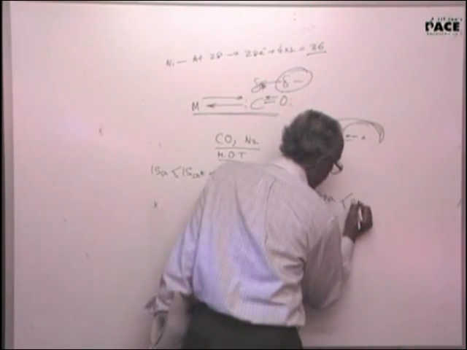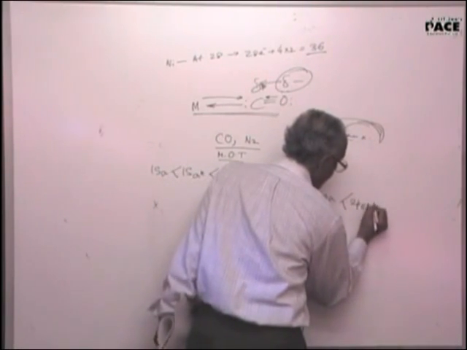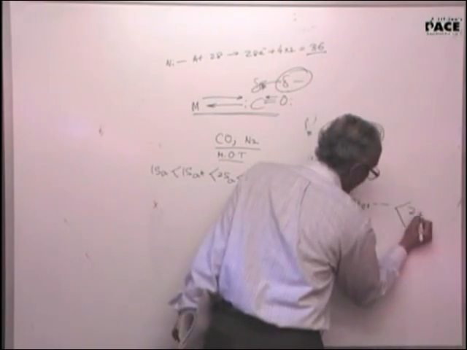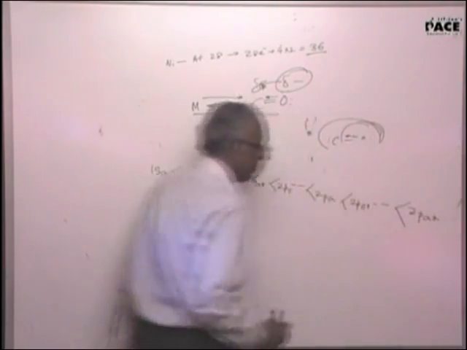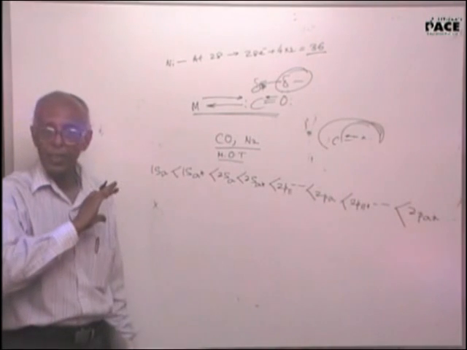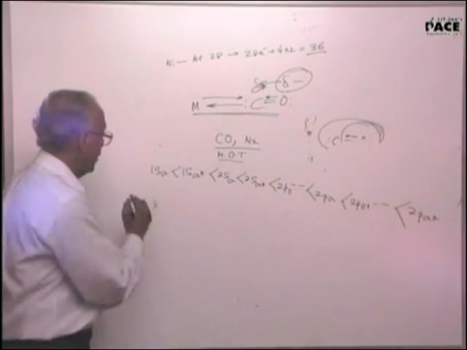And 2p pi star is less than 2p sigma star. This is the energy level up to nitrogen.